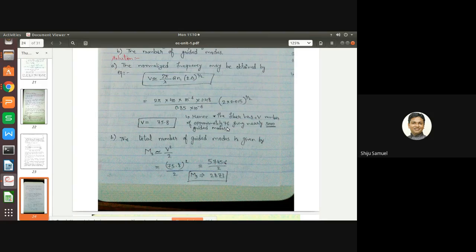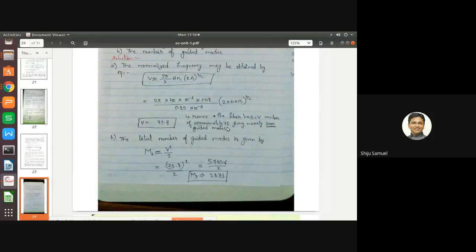As an experiment you can check. Similarly, when the light pulse enters the optical fiber cable, in the core diameter so many rays enter. Based on the diameter of the core, we can calculate the total number of guided modes.